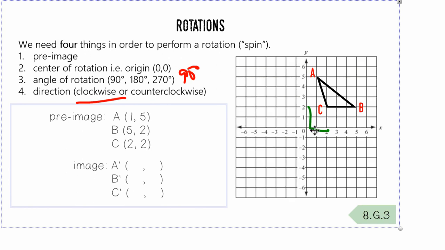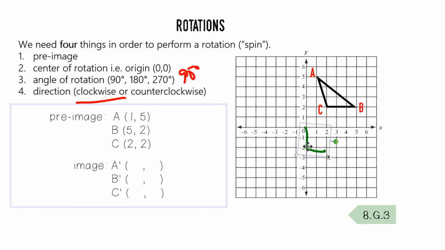Bring that hook down here, which will land my new point C, which I will call C prime, and its location is 2, -2. So you should start looking for those patterns, what is happening to our coordinates.